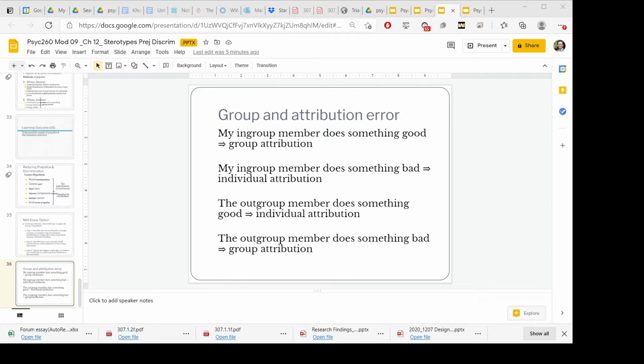And conversely, when we observe an out-group member do something bad, we tend to make a group attribution. We make the group responsible for the behavior of an individual and attribute the bad behavior to bad group characteristics or qualities. So these are the attribution errors and biases that people tend to commit.